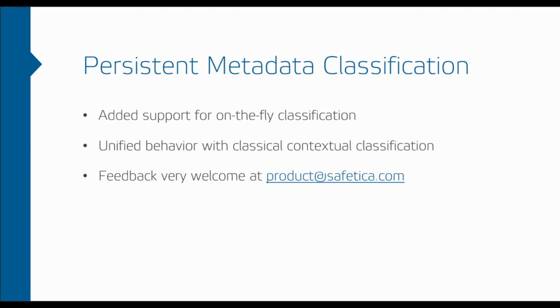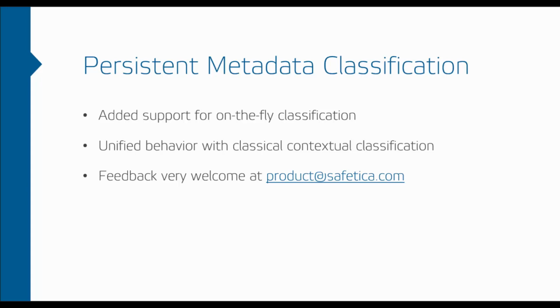I believe there are also people here who remember or know about our original data context classification. We used our own technology, and we wanted to unify the behavior of the metadata classification with our original one. That means that now on-the-fly classification is available. So for instance, a typical scenario is a network share or network folder where you want to classify or tag all the data present in there.